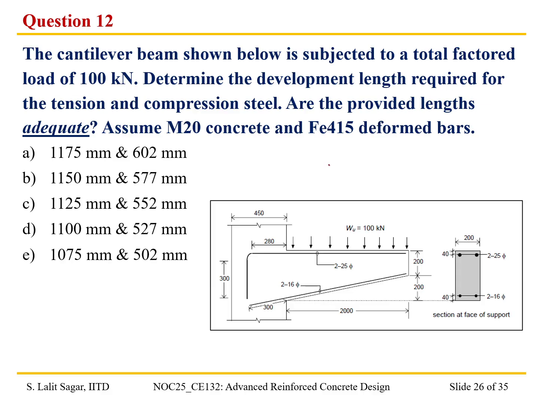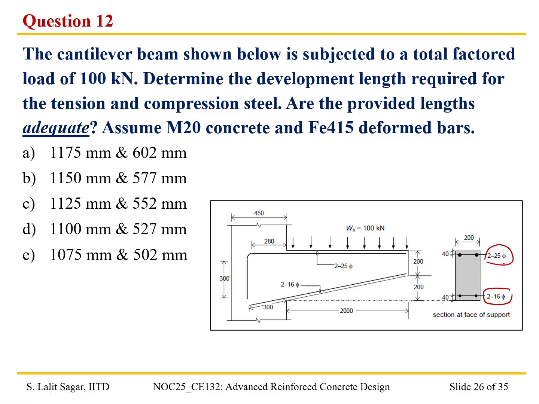Determine the development length required for the tension and compression steel. Here this is the tension steel because it's a cantilever. The top fibers are subjected to tension and the bottom fibers to compression. So let us proceed to find the development length.